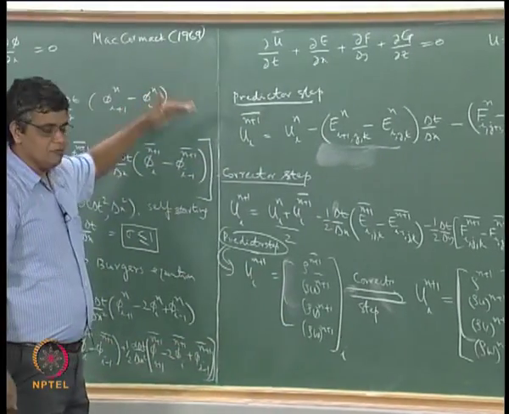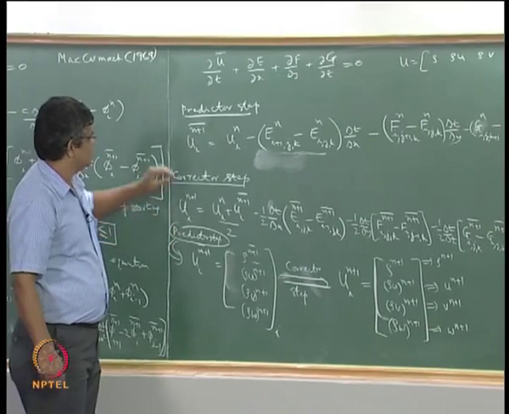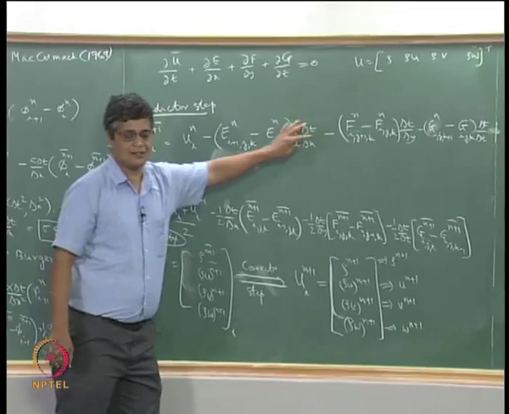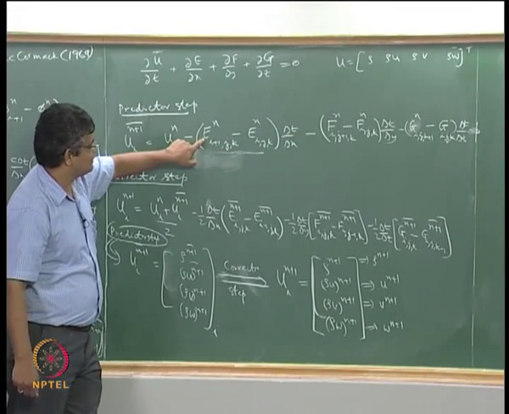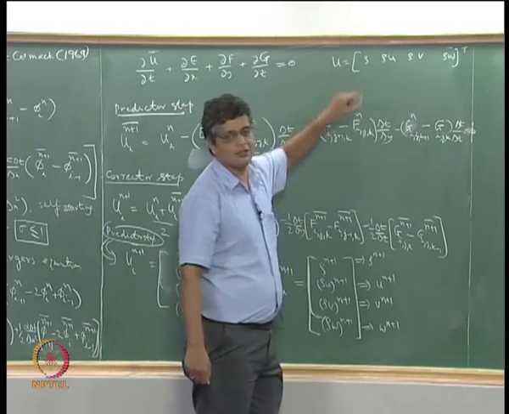Okay, and so this gives us rho n plus 1. So the implementation of this particular method is that we first solve the continuity equation as per this discretization with taking the corresponding values of E, F and G from the continuity equation.